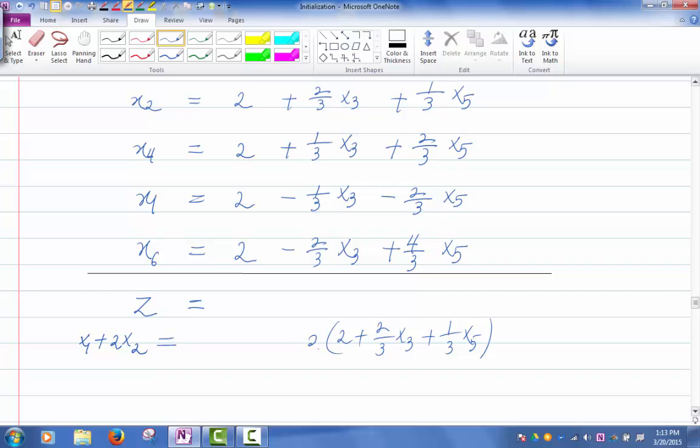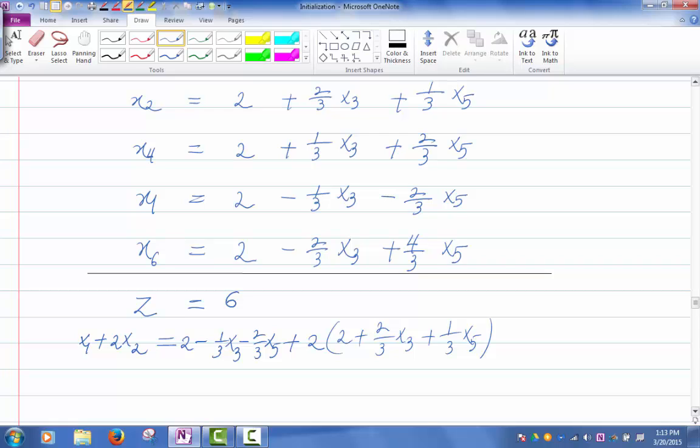So this would be 2 times that, so that's x2, and x1 is 2 minus 1/3 x3 minus 2/3 x5. Okay, so from there you can read off what z should be in this dictionary in terms of the non-basic variables. So what am I getting? What should be the constant here? Am I getting 6?